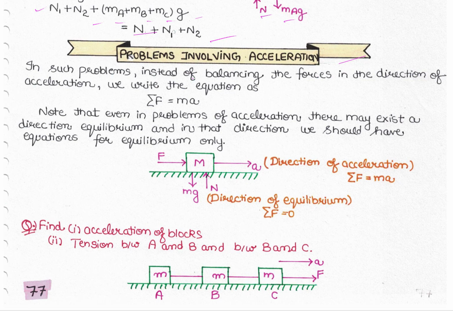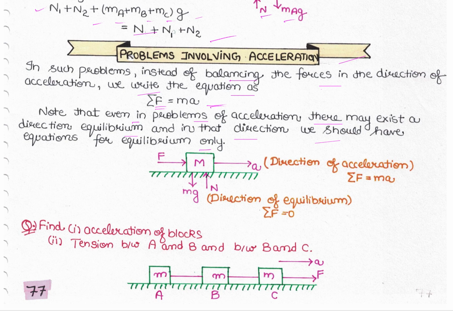In such problems, instead of balancing the forces in the direction of the acceleration, we write the equation as summation of total force is equal to mass into acceleration. Note that even in problems of acceleration, there may exist a direction of equilibrium, and in that direction we should have the equation for equilibrium only.